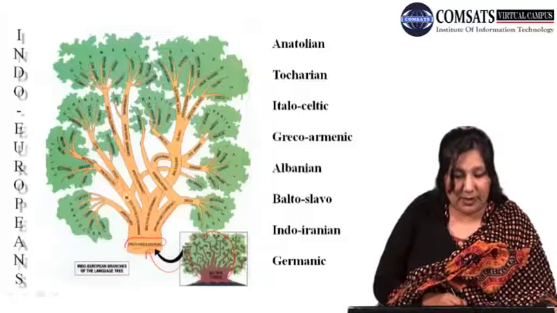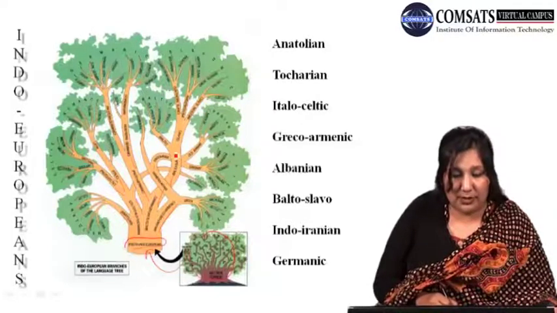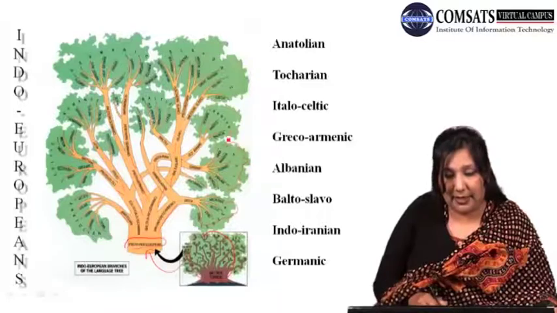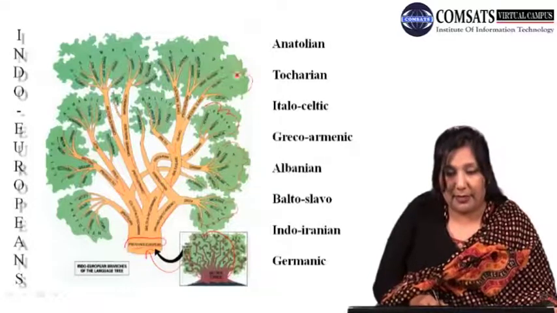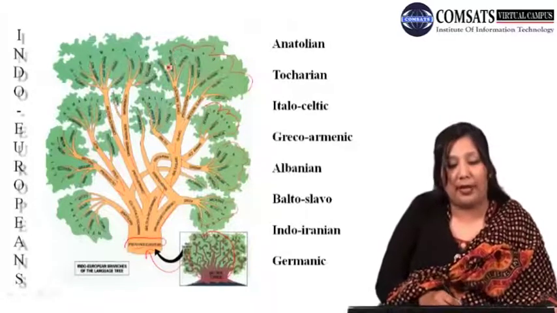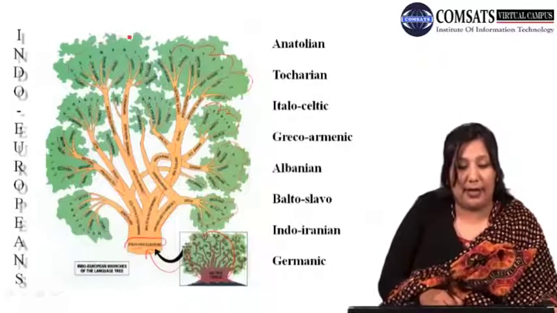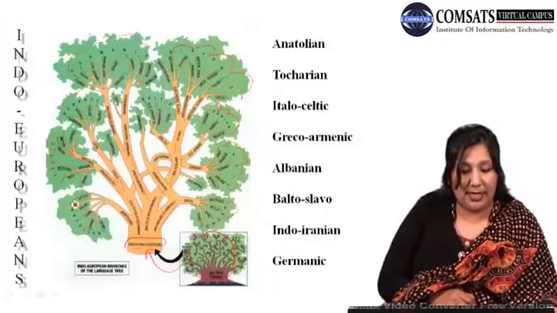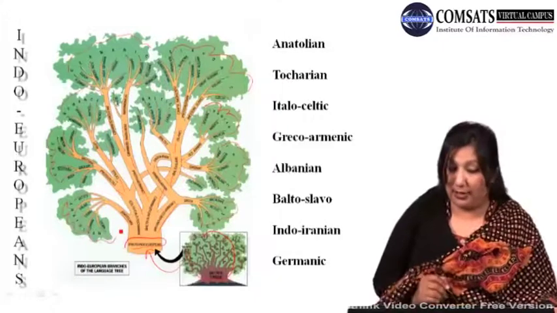Then these sub-branches are further divided and subdivided in this way. You can see that one branch makes up Greek, the other makes up Indic, Iranian, Slavonic, Germanic, Romance, Celtic, and Anatolian.